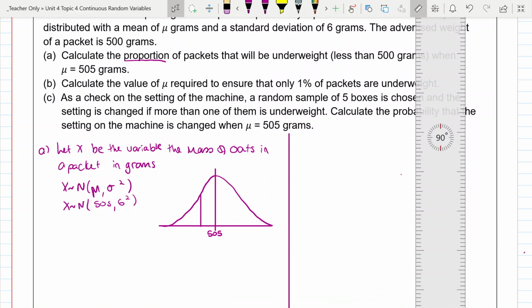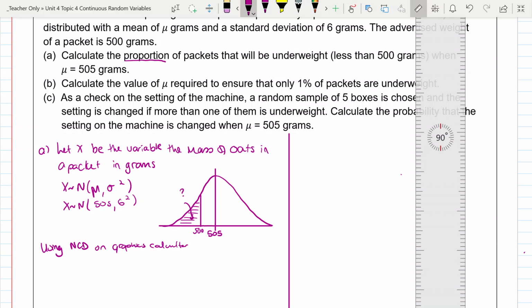Alright, so we're expecting that that's below our mean, and less than means we have that area covered in. Now, we're not working with tails, we're wanting our area. We don't know what our area is, so we're going to use our calculators, but this time we're going to use NCD, our cumulative distribution, on our graphics calculator.